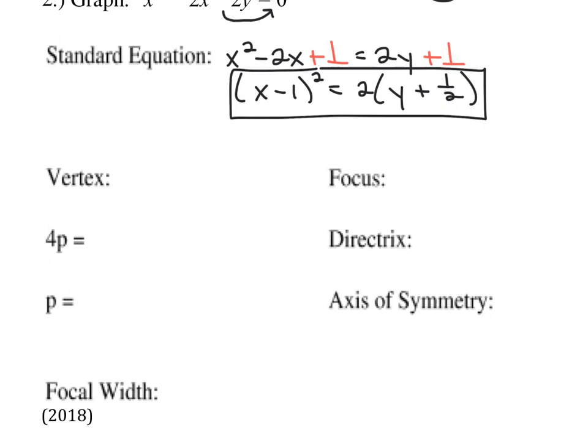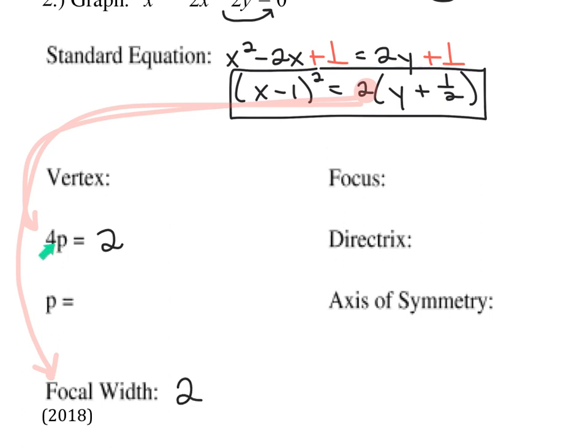This number 2 that I'm going to highlight is going to tell you what 4p is. And it's also going to tell you what the focal width is. So 2 is equal to 4p, and 2 is your focal width.